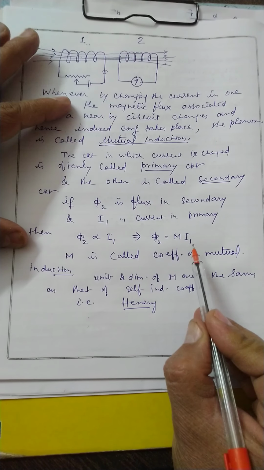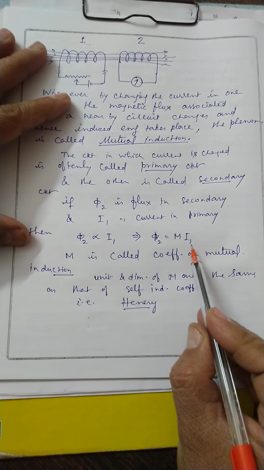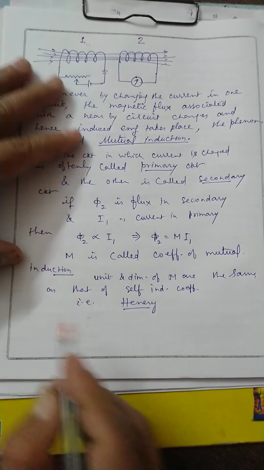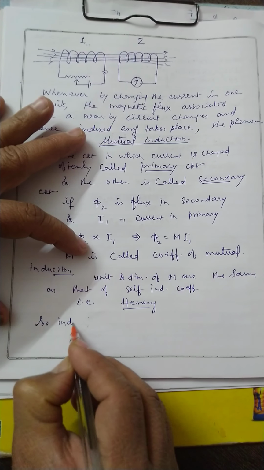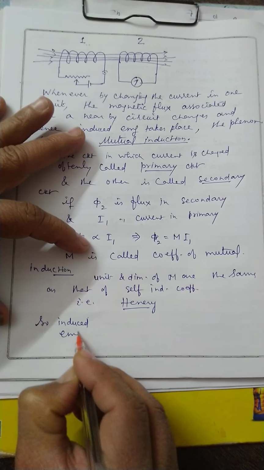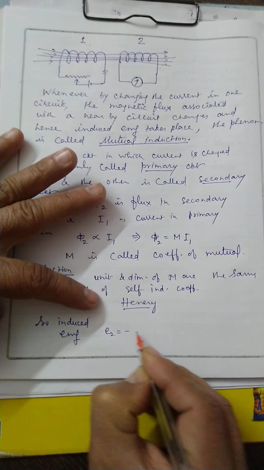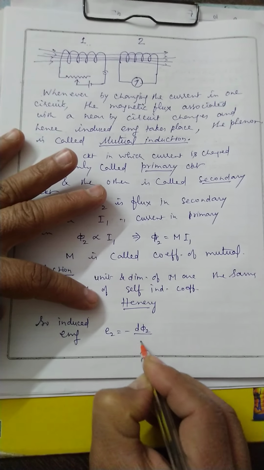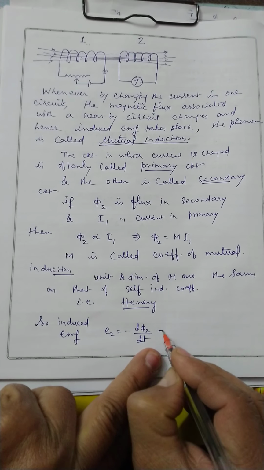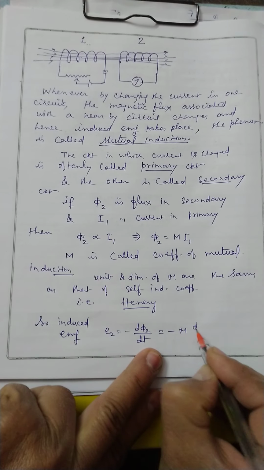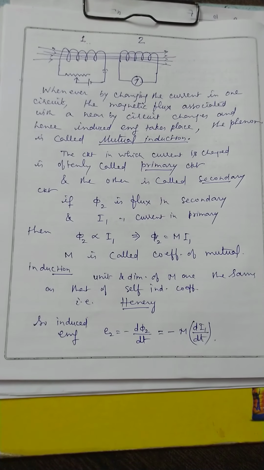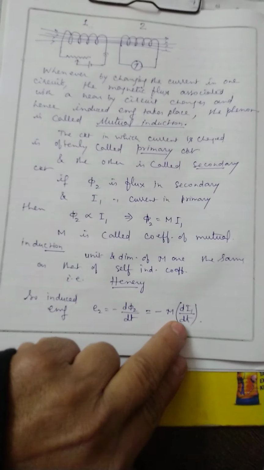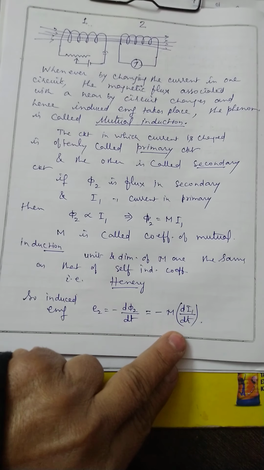Since current I1 is changing with time, that's why phi 2 changes. So the associated induced EMF E2 will be minus d phi 2 upon dt, and that will be minus M dI1 upon dt, where dI1 upon dt is the rate of change of current with respect to time.